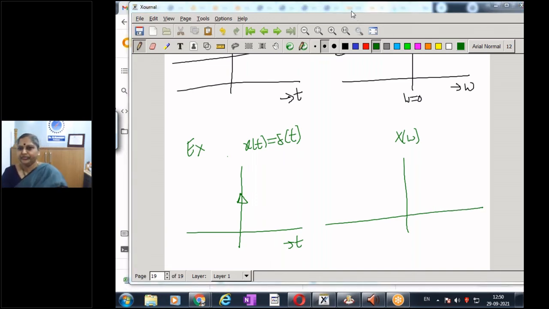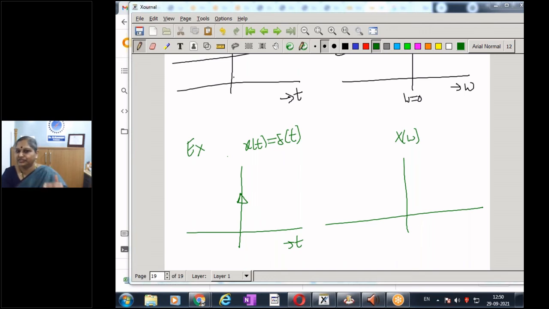We said a constant signal has a Fourier transform which is an impulse. It's always the converse. When a signal is constant in the time domain, it's an impulse in the frequency domain. So if I attempt the converse, if a signal is an impulse in the time domain, how is it going to be in the frequency domain?